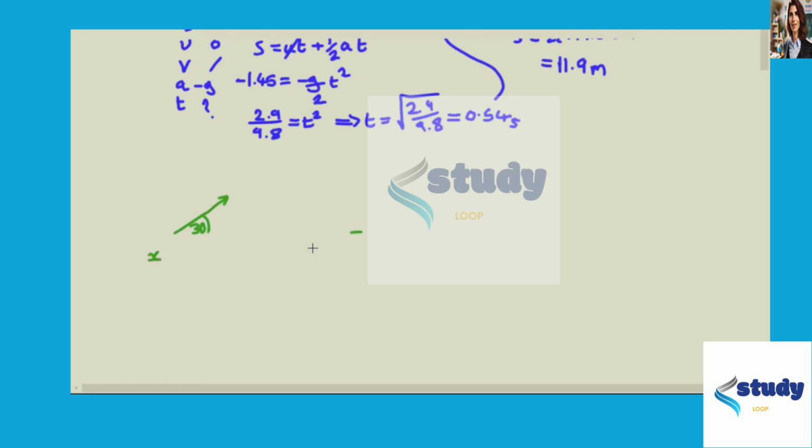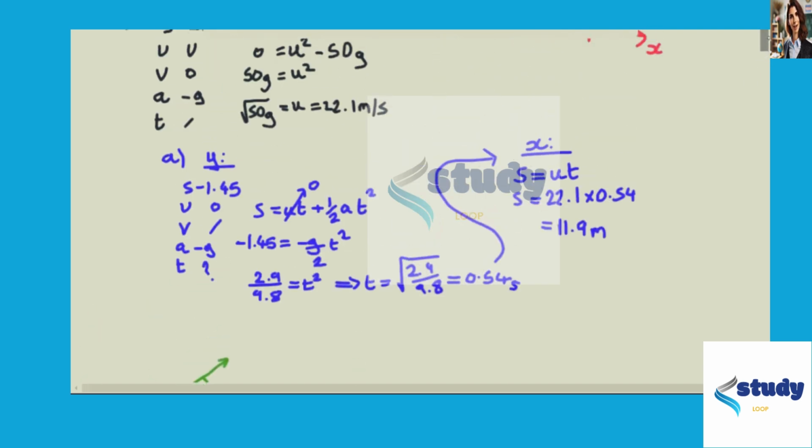So we'll just write all of our unknowns and knowns in the two directions, and we're going to once again get S, U, V, A, and T. So S in the x direction, how far are we going to go? Well, that's definitely an unknown, and that's what we want to figure out. In the horizontal direction, our velocity is, if we remember back up here, 22.1.